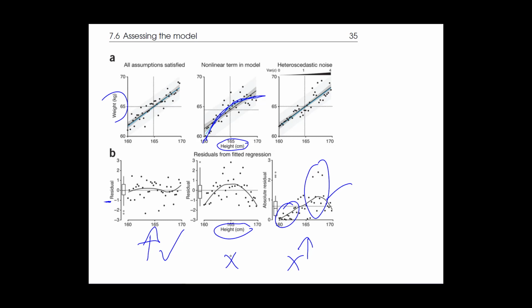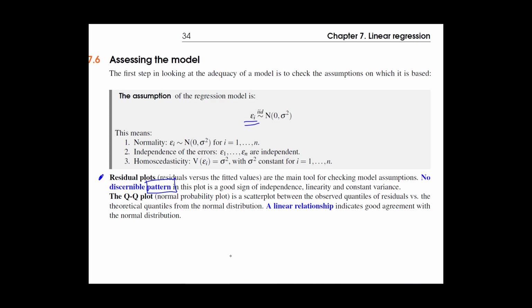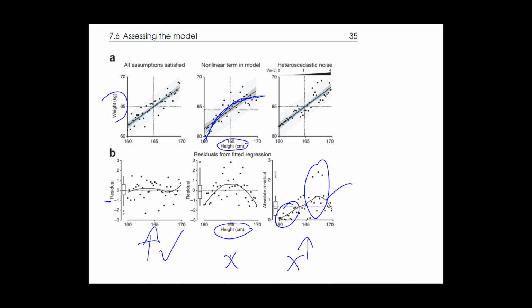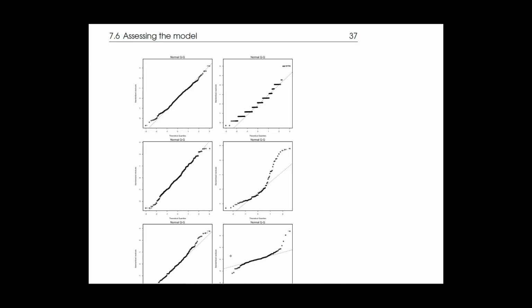Okay. The second tool would be the QQ plots. QQ stands for quantile, also known as normal probability plot. In this type of plot, you typically have the theoretical quantiles on the x-axis. Remember, quantiles are like the percentile function, right?